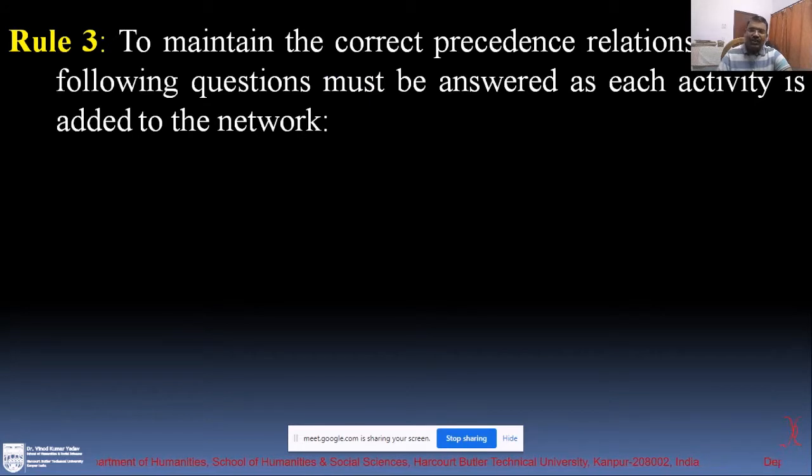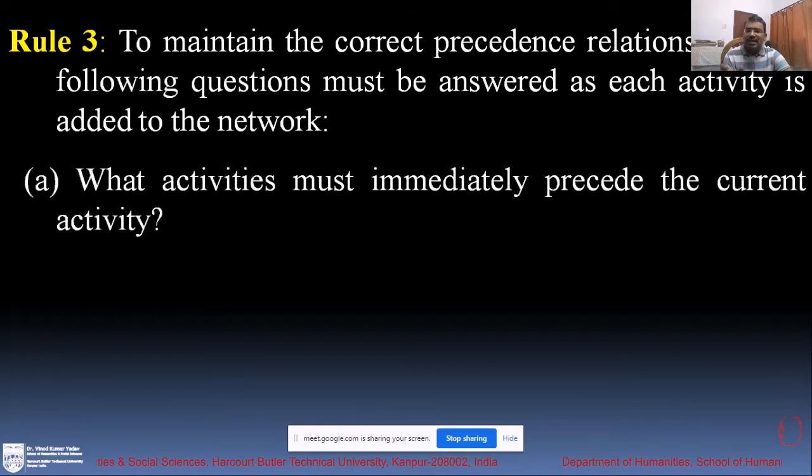Rule 3 is to maintain the correct precedence relationship. The following questions must be answered as each activity is added to the network. Whenever you have an A activity and want to add a B activity to A, you must ask what activity must immediately precede the current activity. That means what is the next activity after that.